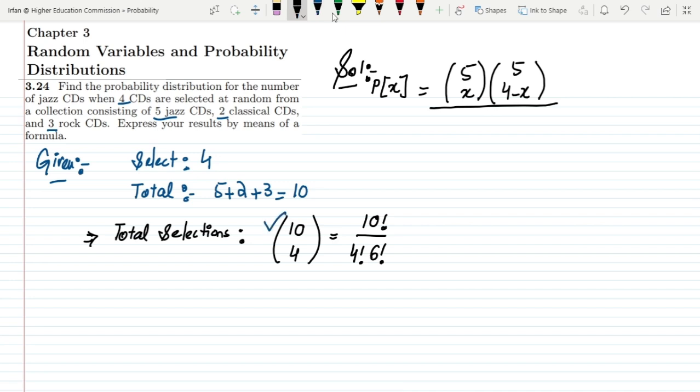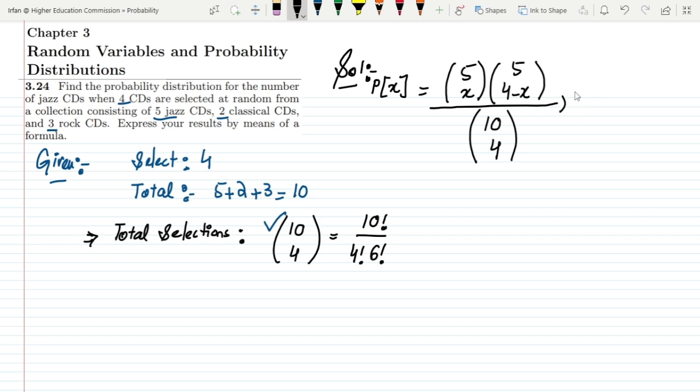Now let me write it here, and the denominator will be 10 choose 4. These give the probability for the different numbers of jazz CDs selected. In order to find the probability of 0 jazz CDs, I put X equal to 0 and get the answer, and so on.